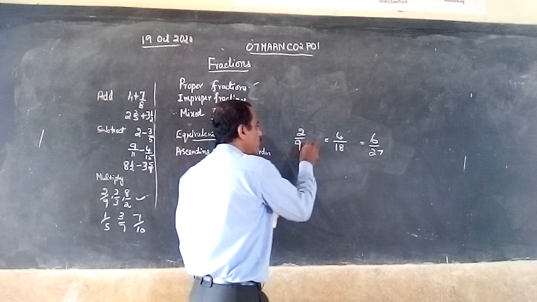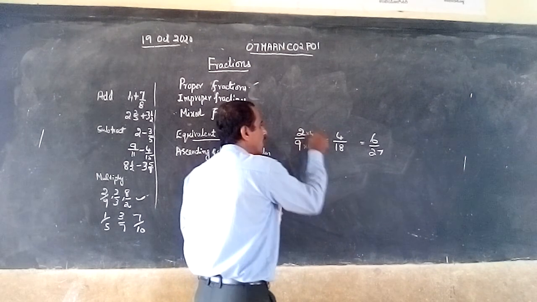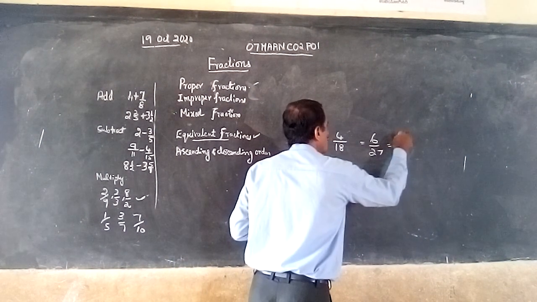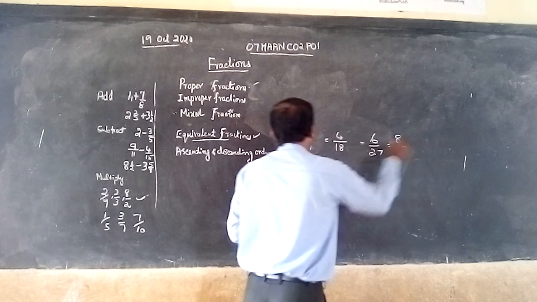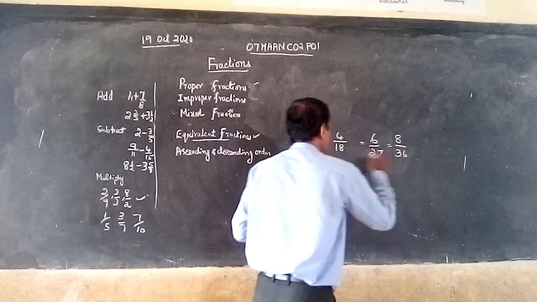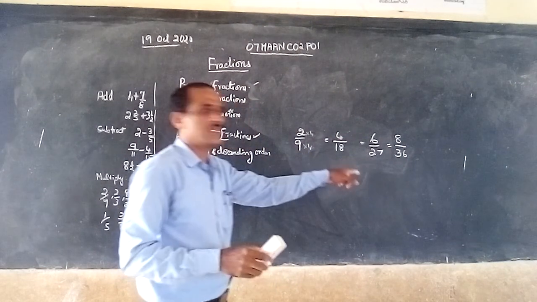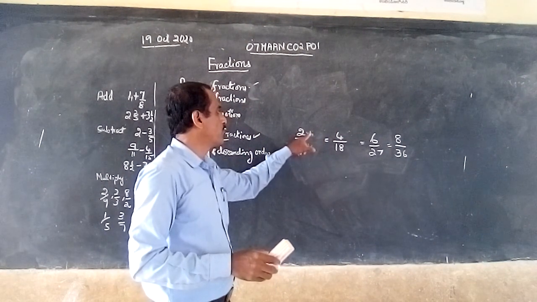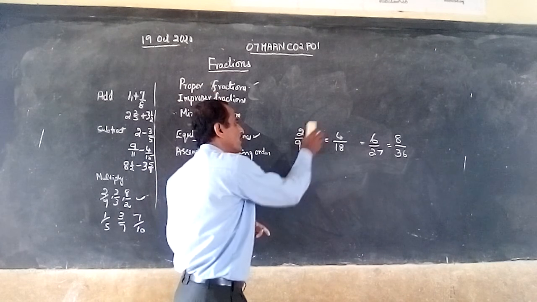If you multiply both the numerator and denominator by 4, what happens here? See, 2 4s are 8, 9 4s are 36. So, how did you get 8 by 36? By multiplying both the numerator and denominator by 4.